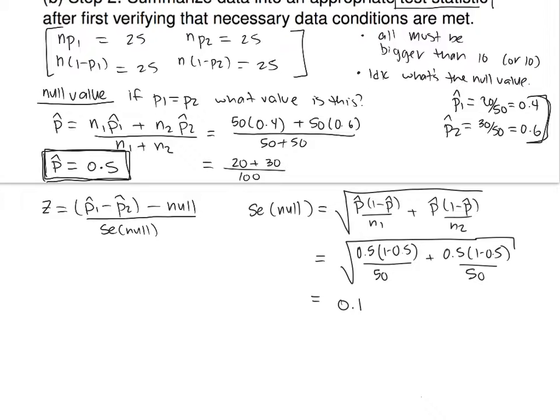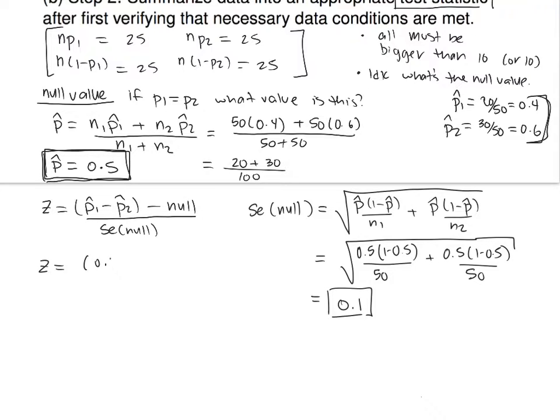All right, so now that we have all the information, I think we can actually find the z value. So what is P1 hat minus P2 hat? Negative 0.2.